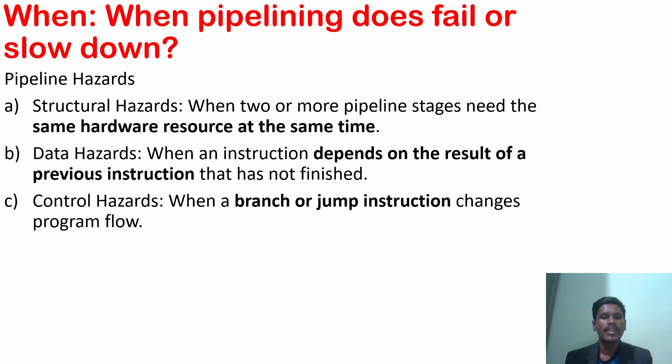When two or more pipeline stages need the same hardware resource at the same time, it is known as a structural hazard. When an instruction depends on the result of a previous instruction that has not finished, it is called a data hazard. And when a branch or a jump instruction changes the program flow, it is called a control hazard.